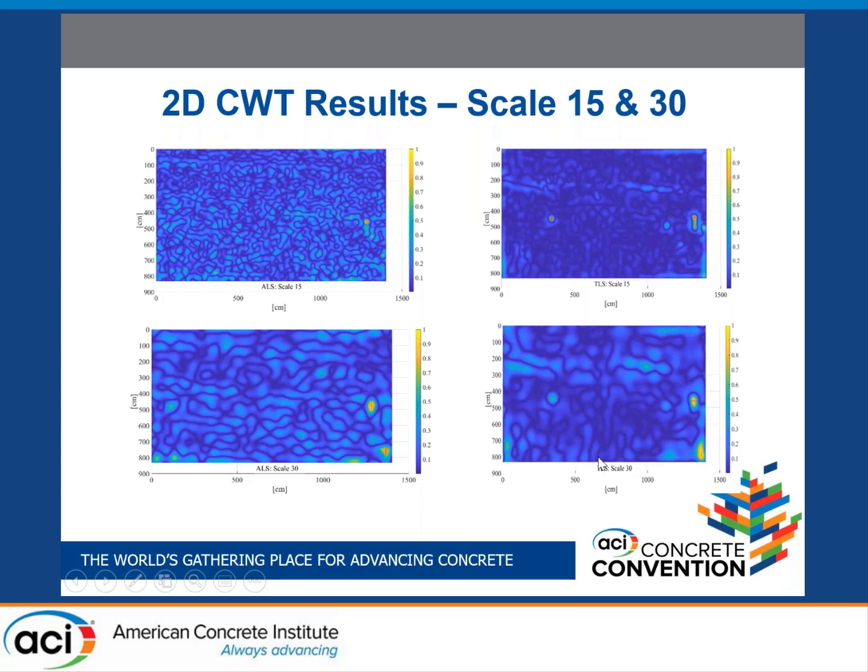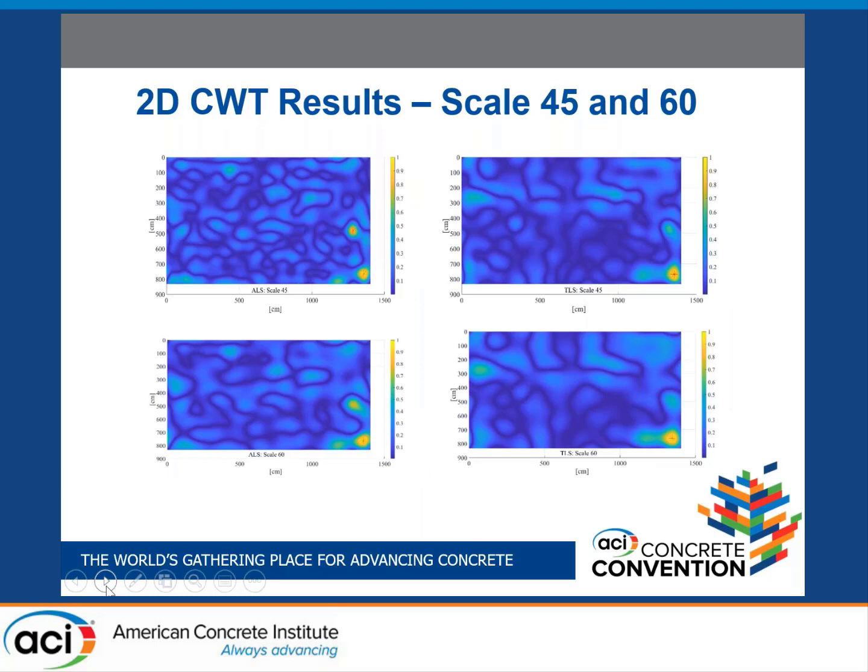Same goes for 30. These are similar. It pretty much captured this, but there's an issue here in this part, and we couldn't detect that in the ALS drone-based data. For scales 45 and 60, they pretty much correlate with a difference.